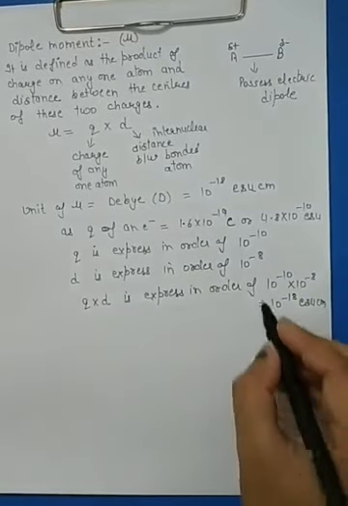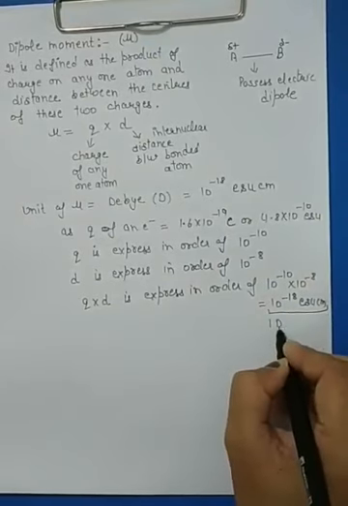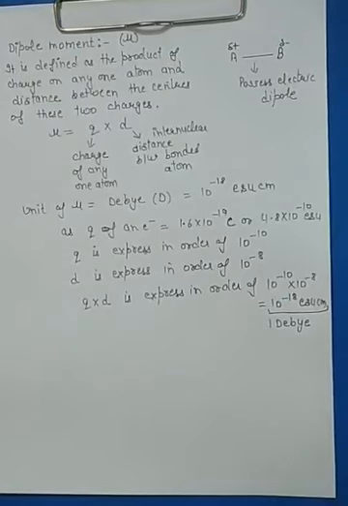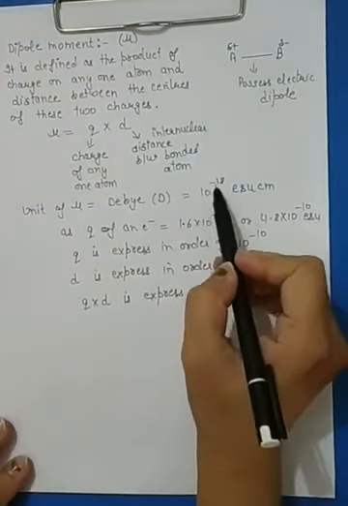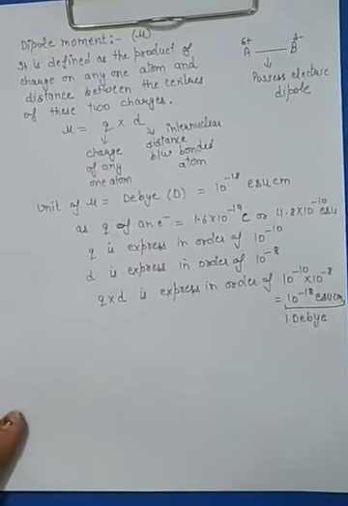So collectively this is called 1 Debye. Okay, so 1 Debye is equal to 10 raised to power minus 18 ESU centimeter.